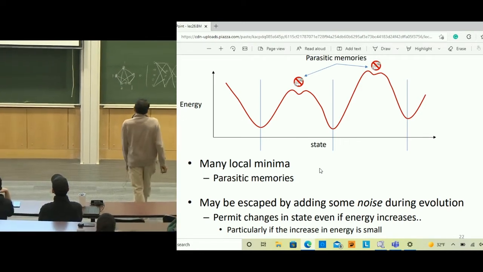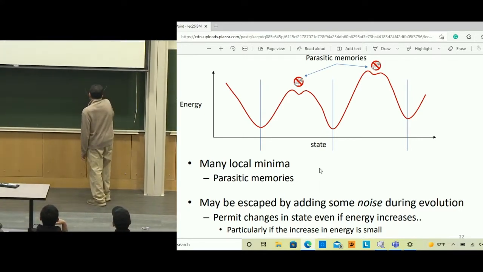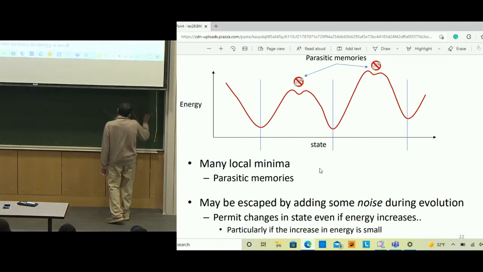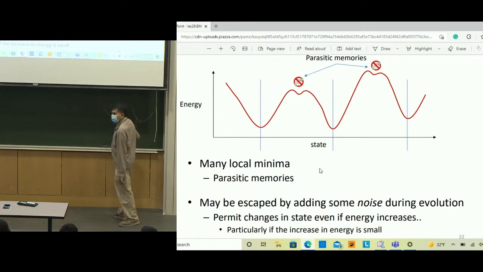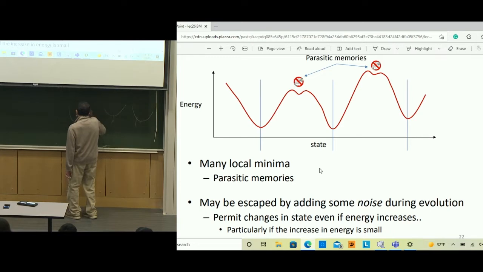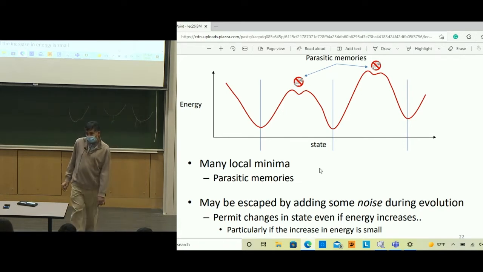Instead of having a minimum like so, where this is the pattern you want to remember, you might have a minimum like so, where you're off. Now, this has to be improved by training properly, but a more likely situation is something of this kind, where instead of going all the way to the bottom, you end up stuck somewhere close, which is a slightly noisy version of whatever it is you're trying to remember.